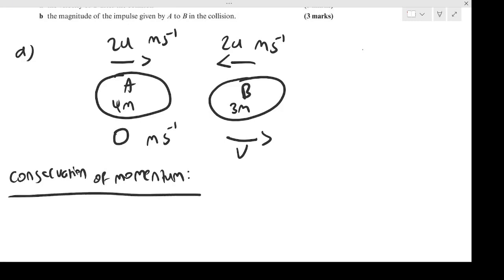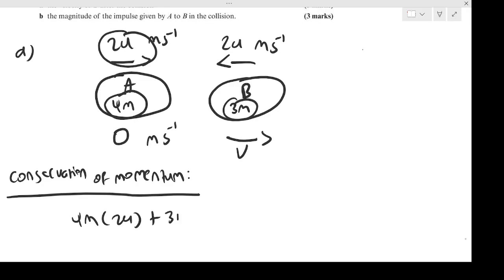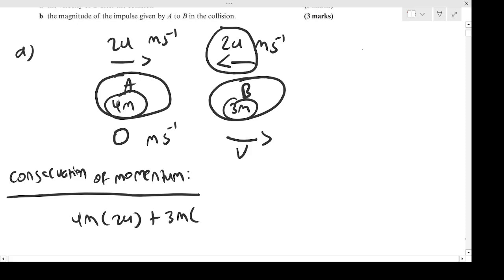So, for A, the mass is 4m and the initial velocity is 2u, so 4m lots of 2u. Then for B, the mass is 3m, lots of the velocity 2u, but that is going in the negative direction, so we need to do minus 2u.